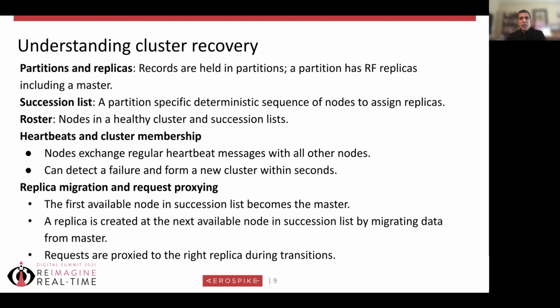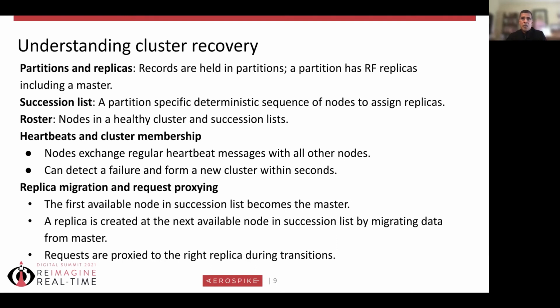Then how is the cluster membership at any given point determined? The heartbeat is the mechanism that the cluster nodes use to talk to each other and tell each other that they are alive. They exchange these regular heartbeat messages with all other nodes, and there's a collective understanding of what nodes are part of the cluster at this moment.